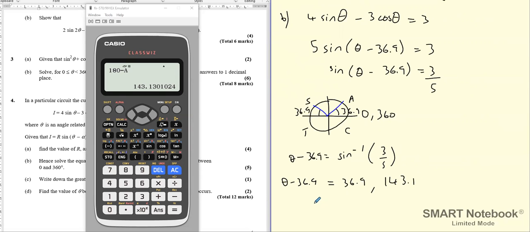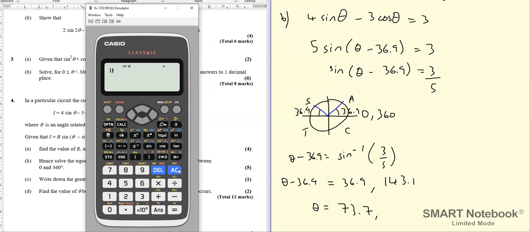And so if I work out theta now, I'm going to add 36.9 to each one. So I'll do alpha A plus alpha A, and we get 73.7 as my first solution.